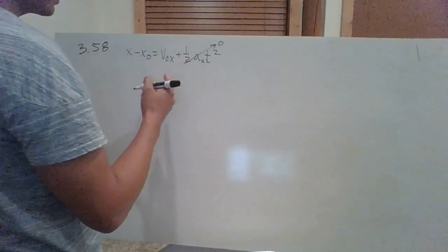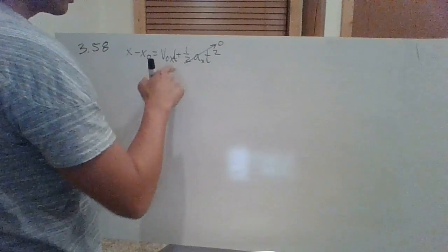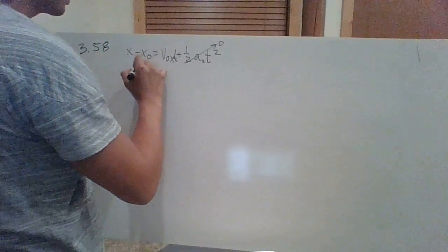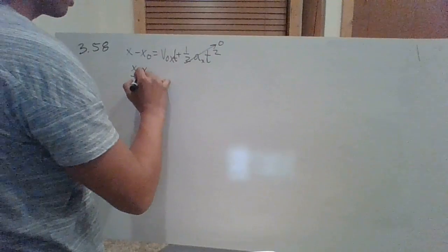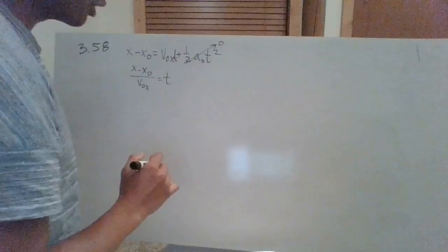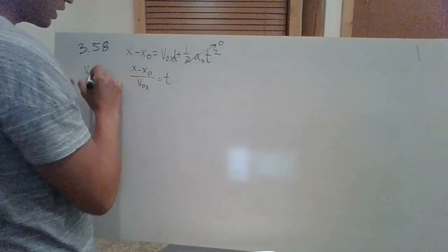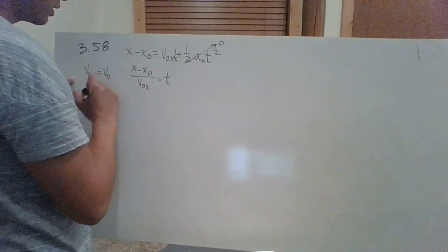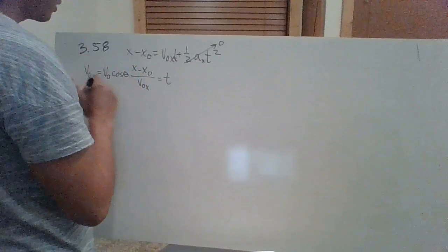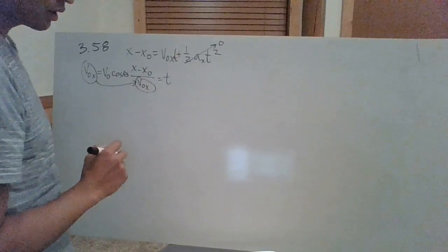If we're trying to find the time, you can just divide over, so it becomes x minus x0 over initial velocity in the x direction equals t. And we also know that initial velocity in the x is equal to v naught cosine theta, so we can plug this in for that.